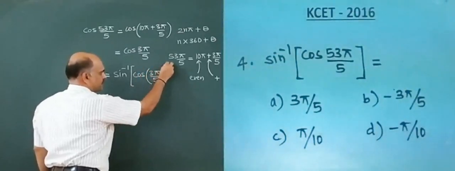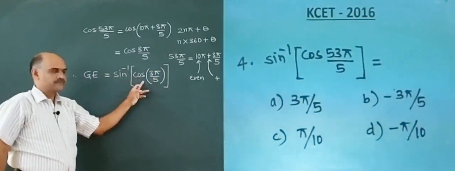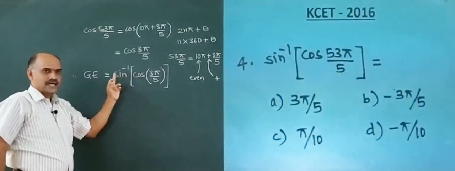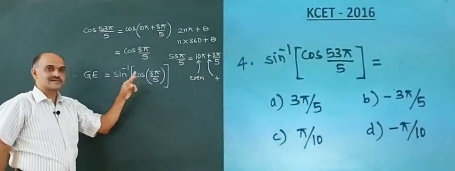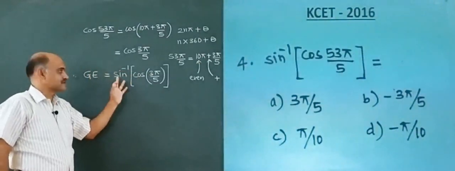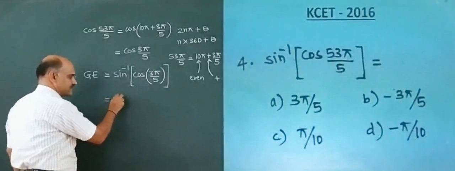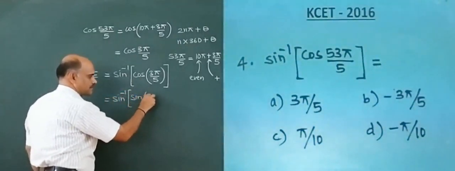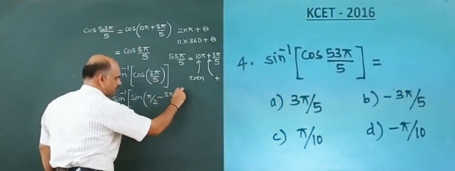If you want, you can convert it into degrees, else directly you can take sin inverse and sin will get cancelled. So I can convert this cos into sin. Instead of converting sin inverse into cos inverse, it will not be possible over here. So I will write this cos as sin inverse of sin of pi by 2 minus 3 pi by 5.